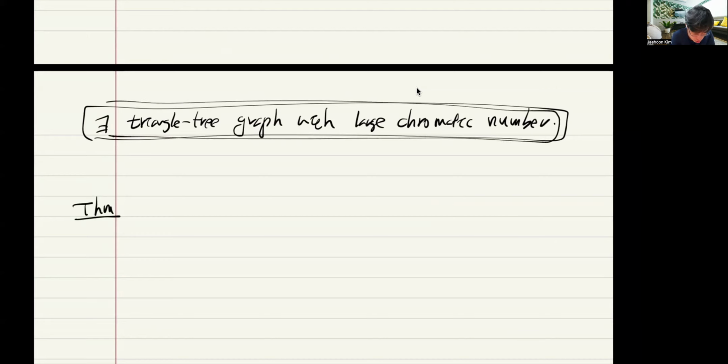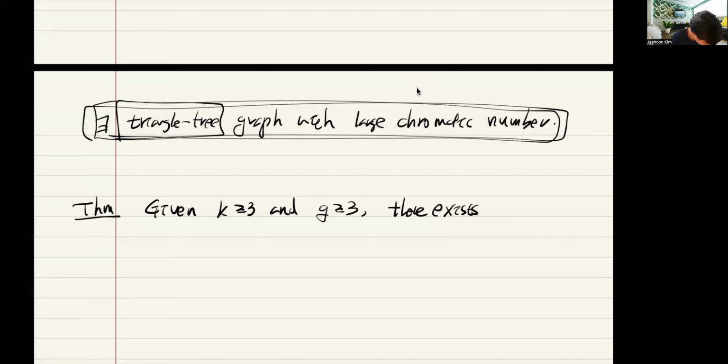But before, the proof was using an operation that provides a larger triangle-free graph with one higher chromatic number. But we can use the probabilistic method. And we can even prove the following stronger theorem. Not just triangle-free, but triangle-free and no 4-cycle, no 5-cycle, no 6-cycle, and so on. So there exists a graph with girth at least g.